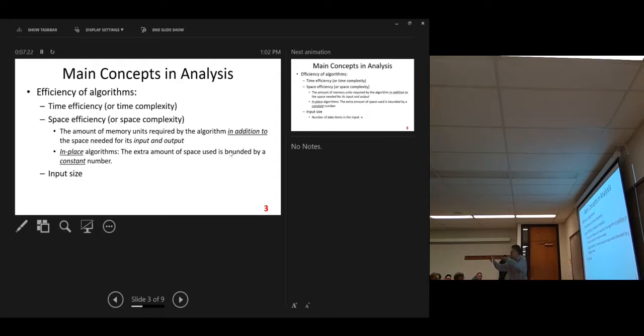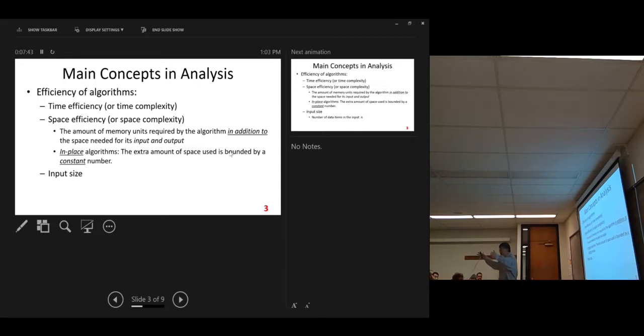Given an array as your input, this array uses a certain amount of space, but we do not count that, because every algorithm must use that much space. We only count the extra space we need to use.